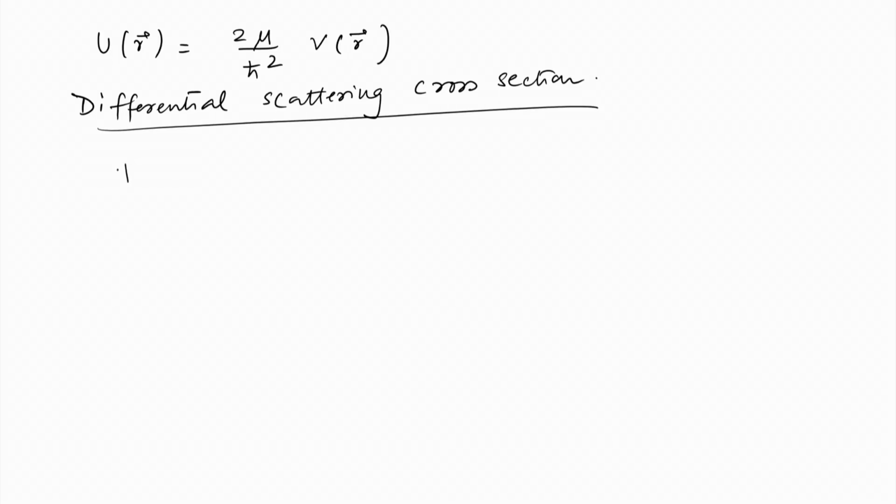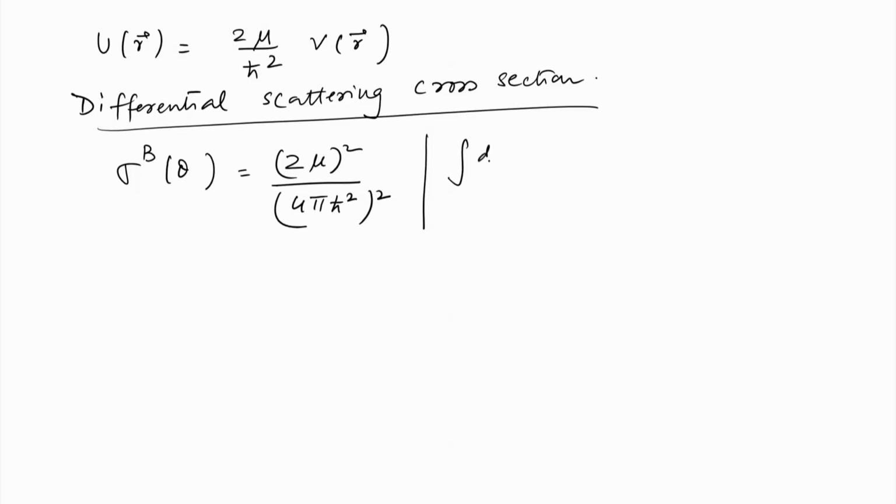So, this is equal to sigma_B(theta), and so this is equal to (2 mu by 4 pi h cross square) whole square, times the mod square of the integral d cube r prime exponential minus i k_t dot r prime V(r prime), and so on.